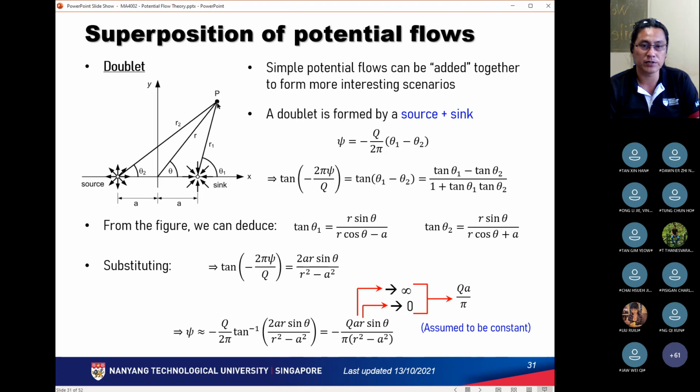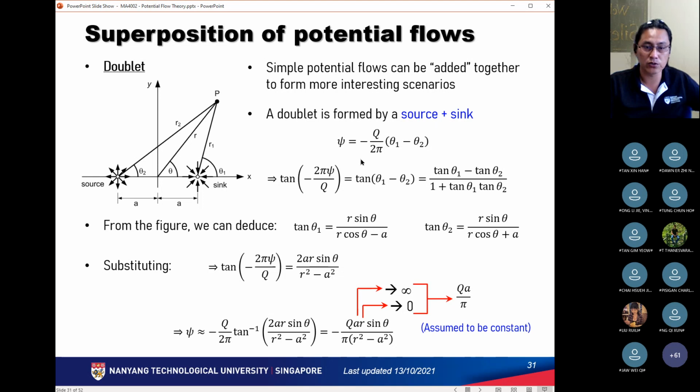Let's say the arbitrary point is P. We want to get an expression for P with respect to R, where R is the distance from the origin to this arbitrary point P. And this R is inclined at some angle from the x-axis. Remember, for the source and the sink, they have their respective theta. So the sink will have this theta 1 and theta 2 with respect to this arbitrary point P. They also have R1 and R2 here.